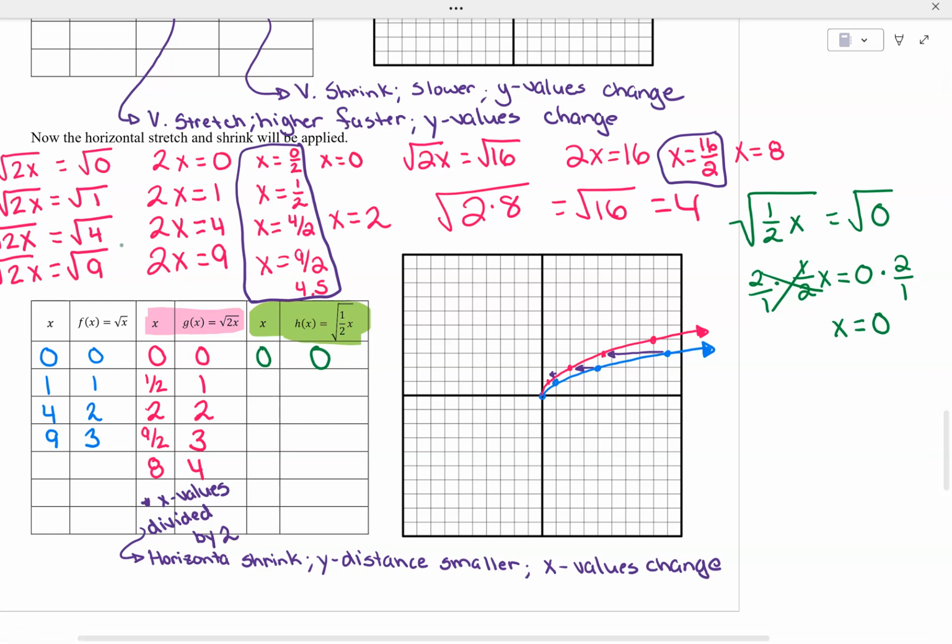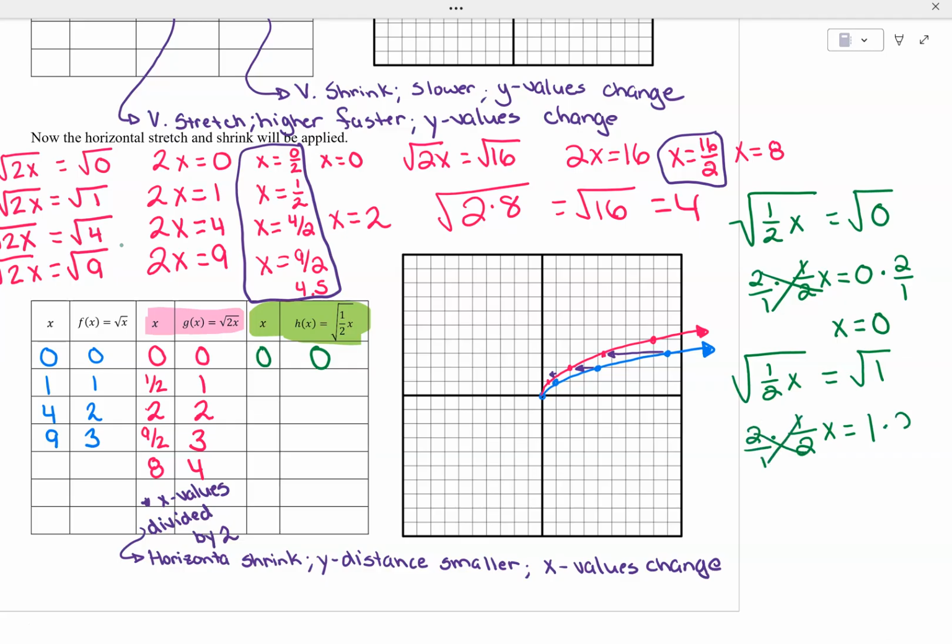So we're going to do it again. The square root of 1/2 x, I need that to give me the square root of 1. So 1/2 x times what gives me 1. Okay, well, hopefully you have that number in your head, but if not, we multiply by the reciprocal, which means x had to be 2.